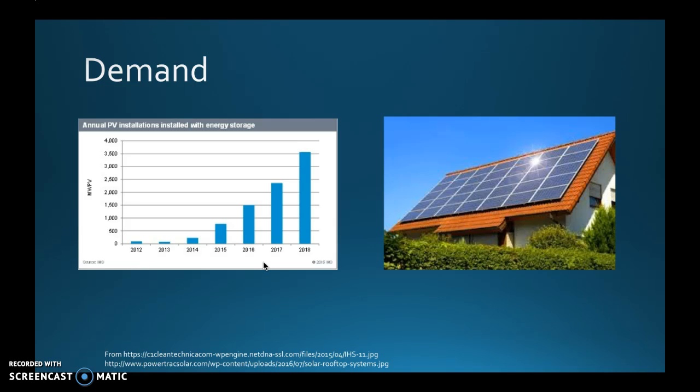But if we jump only 5 years down the road, it's about 2,500 megawatts or 2.5 gigawatts of photovoltaics being installed. So that's a drastic or exponential growth, as you see. And if you look at 2018, in the future, it's expected to increase even more and go past 3,500 megawatts of photovoltaics.